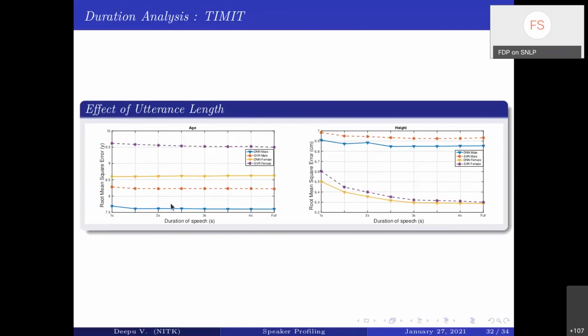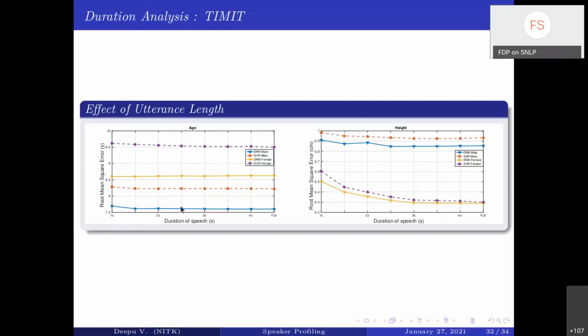Even if you go towards shorter segments, the deep neural network is very stable with respect to the duration of the speech. Even with a short duration, like 2 seconds, it is able to predict things very clearly. For example, the left picture is about age. Till 1 second, it is almost flat, and after 1 second it increases.